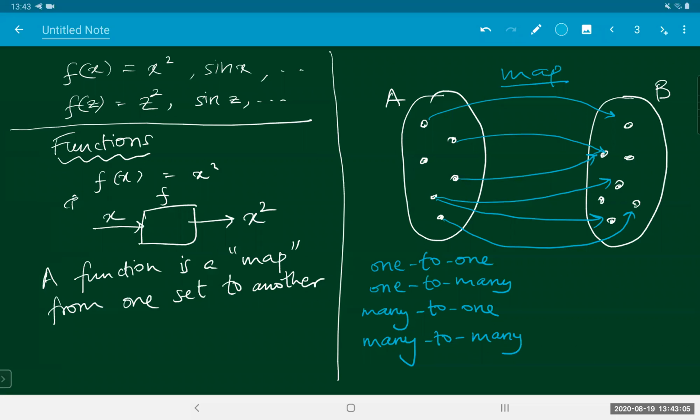One-to-one means that every element in A is going to be mapped uniquely to some element in B. You will never have one element being mapped to two different elements, or two different elements being mapped to the same element. This will not happen. Then that is a one-to-one map.